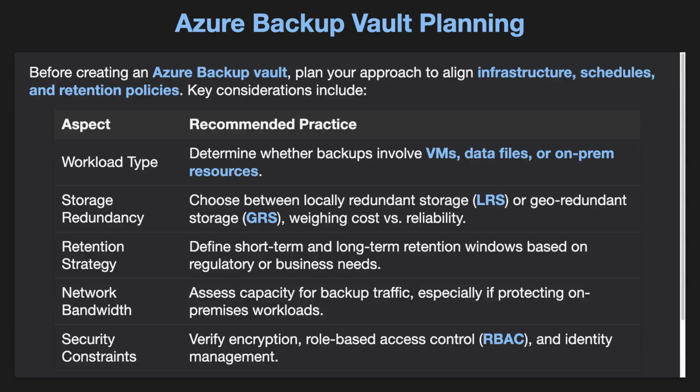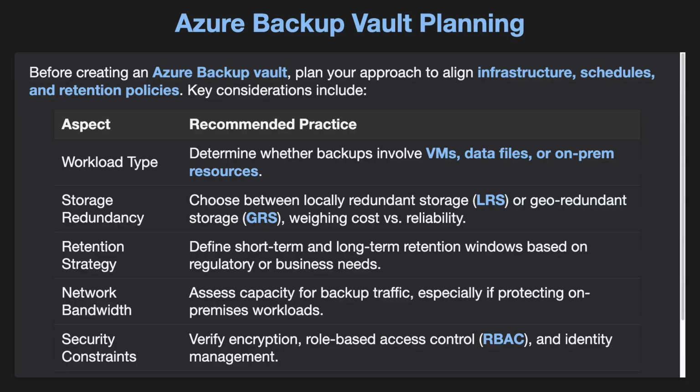Before creating an Azure Backup Vault, plan your approach to align infrastructure, schedules, and retention policies. Key considerations include: Workload type: determine whether backups involve VMs, data files, or on-prem resources. Storage redundancy: choose between locally redundant storage, LRS, or geo-redundant storage, GRS, weighing cost versus reliability.